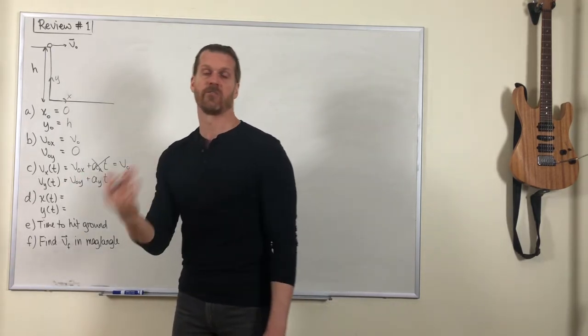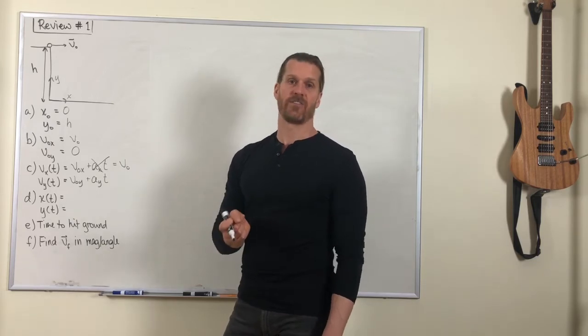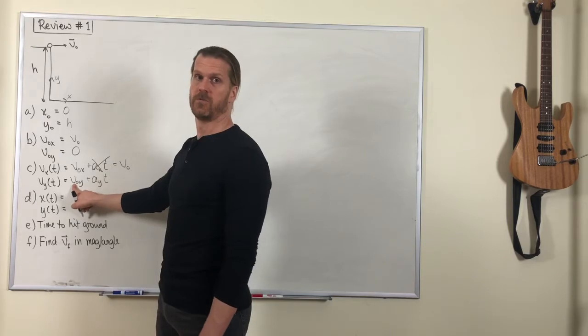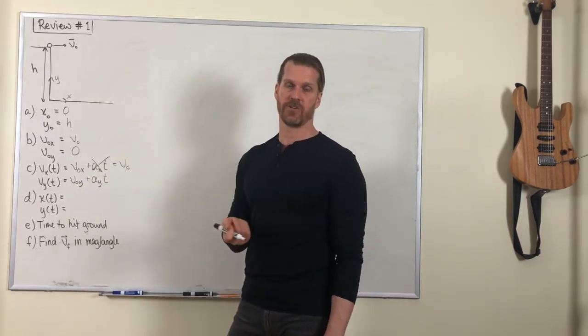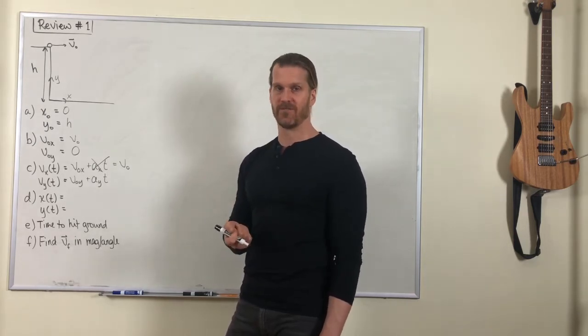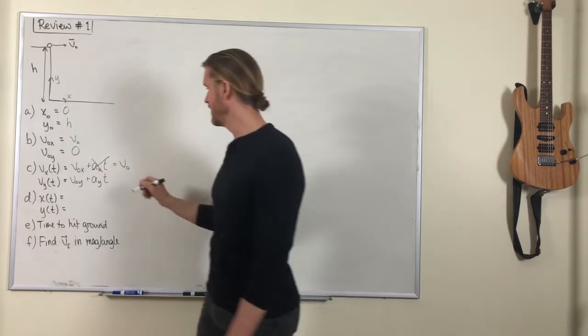In the y direction, however, the y velocity component will change in time. It starts out at 0, but there is an acceleration. That acceleration is the acceleration of gravity, which has a magnitude of g, or 9.8, and has a direction of downward.